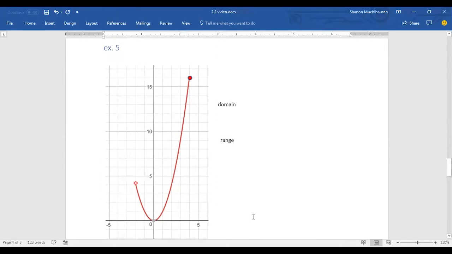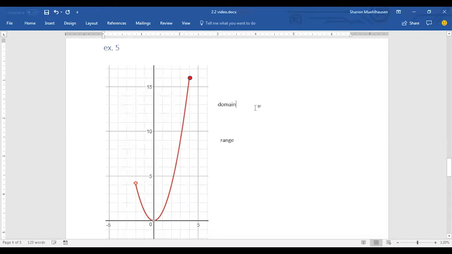Example 5. Here we look at a couple different symbols. We have the filled in circle and the empty circle. This filled in circle means it does touch this point, whereas this empty circle means it gets close to, but not touching that exact point.